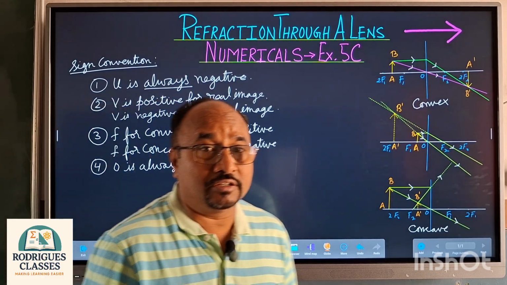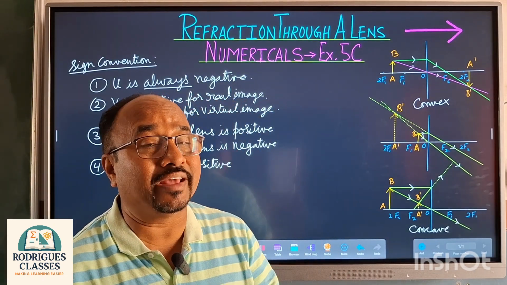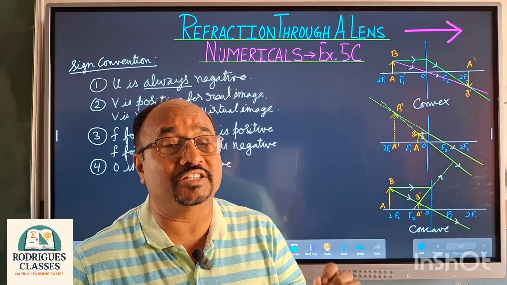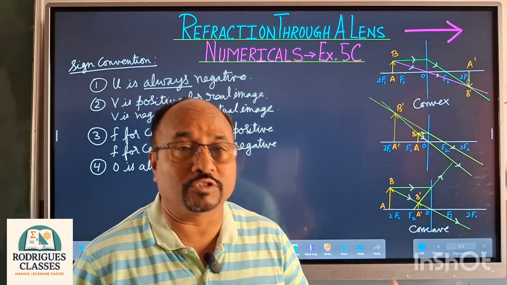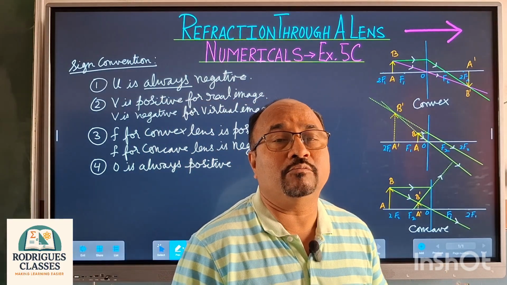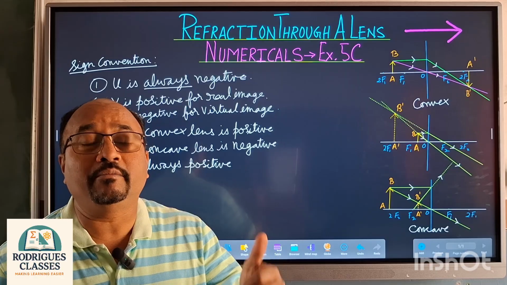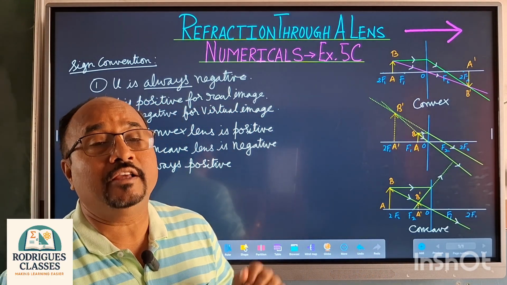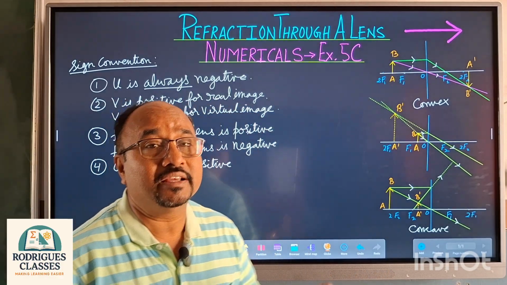And image can be erect, can be inverted. You know it very well that if you are getting a virtual image, the image is erect. So an erect image will have a positive sign. So the moment we are getting a virtual image, I will be positive. But you know that real images are always inverted. So when you get a real image, the height of the image will be taken as negative.